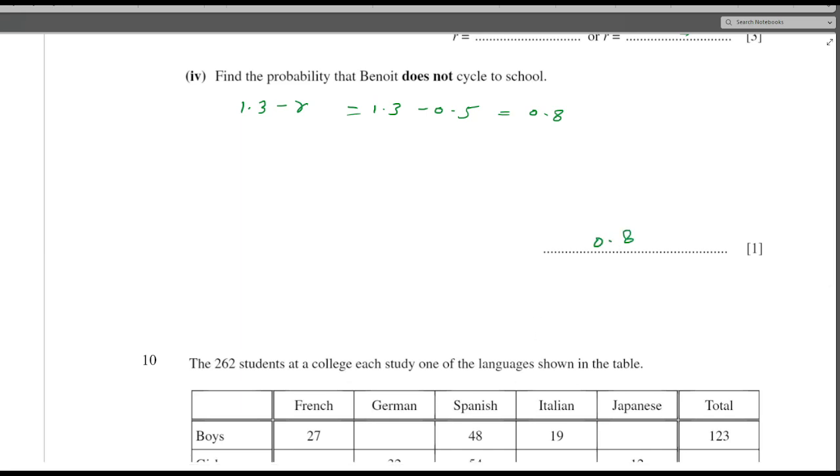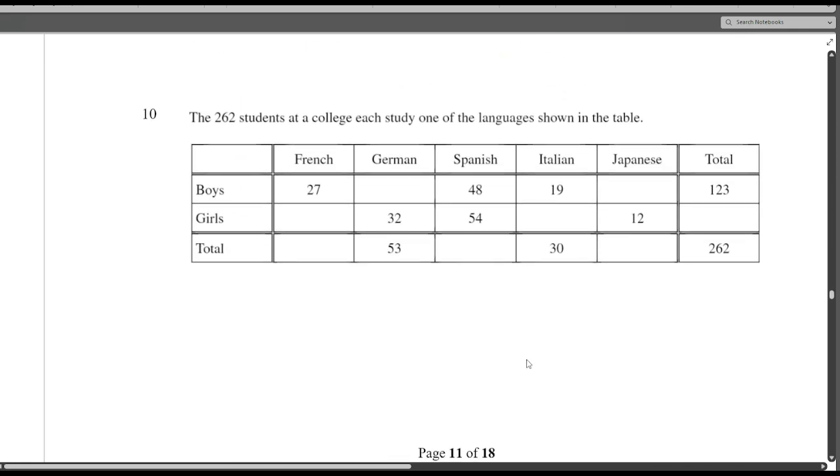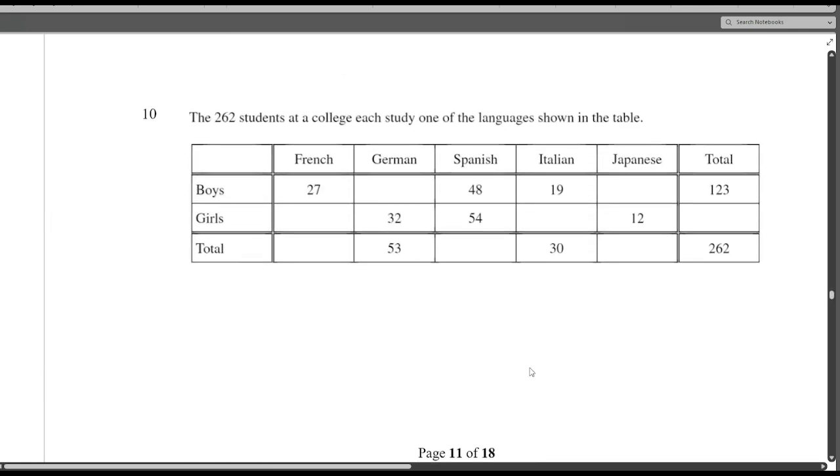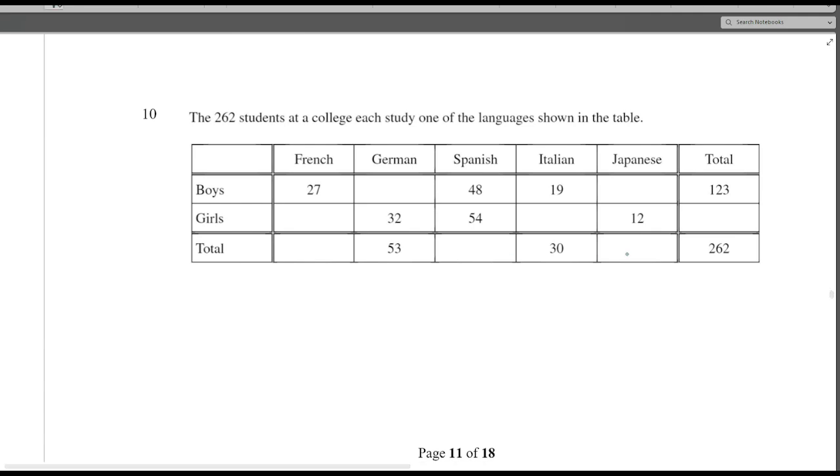Now the next question, question number 10. 262 students at a college each study one of the languages shown in the table. Now complete the table. For 3 marks you have to complete the table.